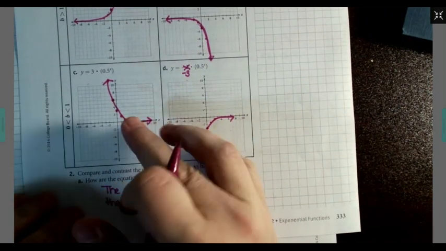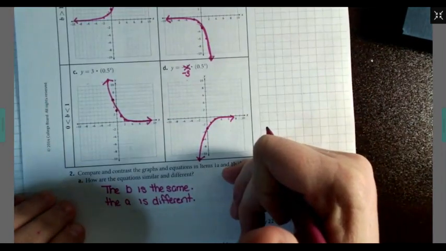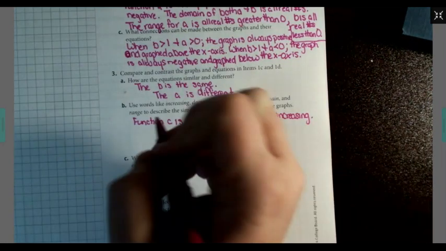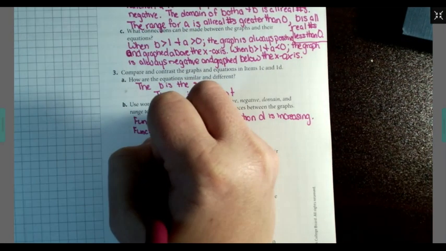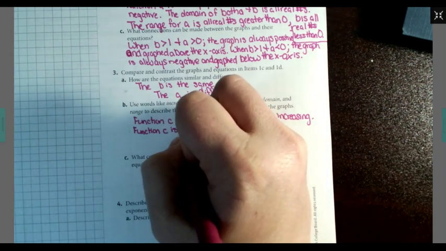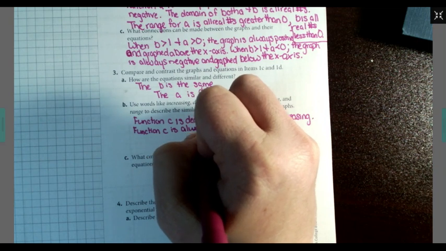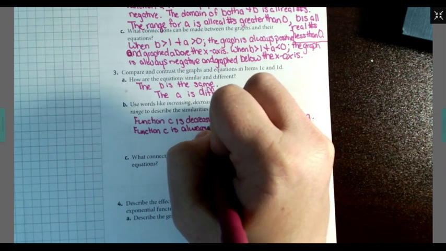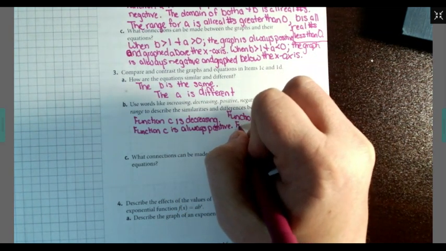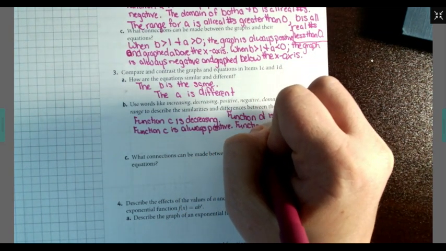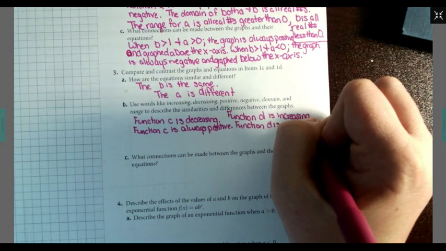This one is always positive because it's above the x-axis, while this one is always negative because it's below. So function C is always positive. Function D is always negative.